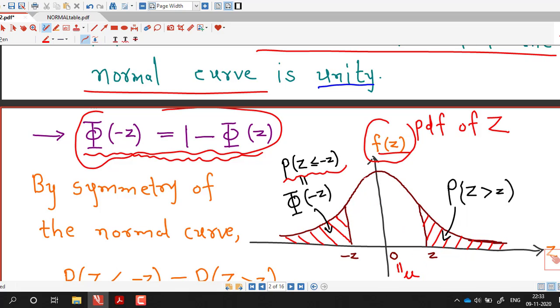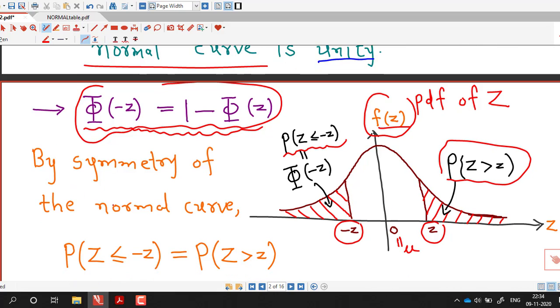So the graph is symmetric, therefore we can see this area shaded by red lines, both areas are same. That is, the area to the left of minus z and the area to the right of small z are equal, as we have shown by shaded area.